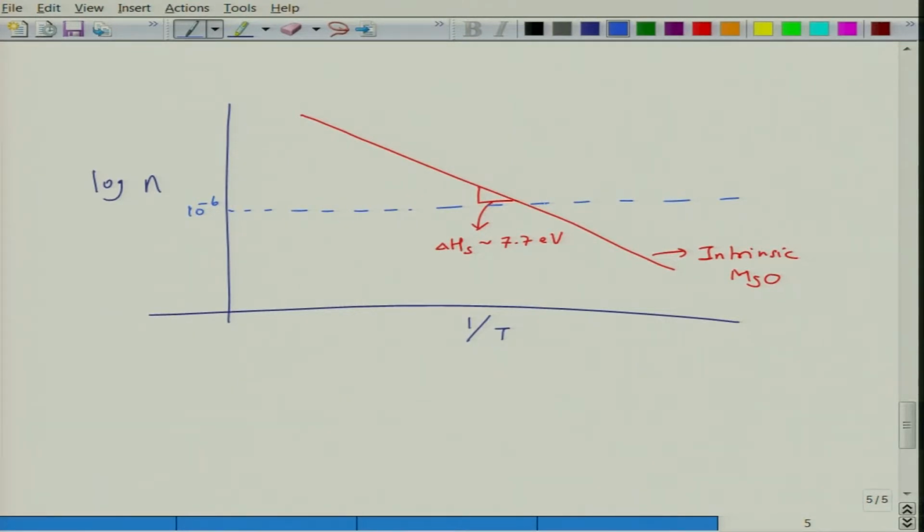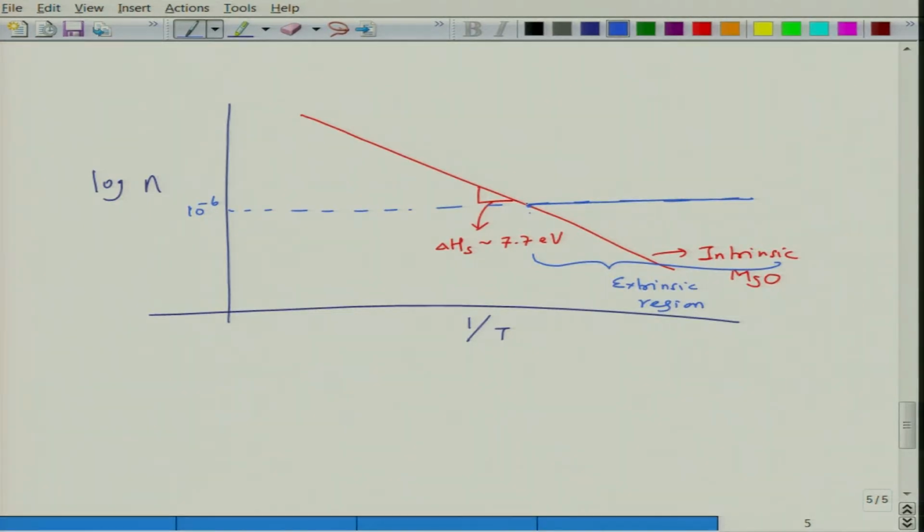Which means up to this temperature, no matter what the temperature is, the vacancy concentration will always be 10 to the power minus 6. The intrinsic vacancy concentration is very low as compared to the extrinsic vacancy concentration. So, this region is what we call the extrinsic region.